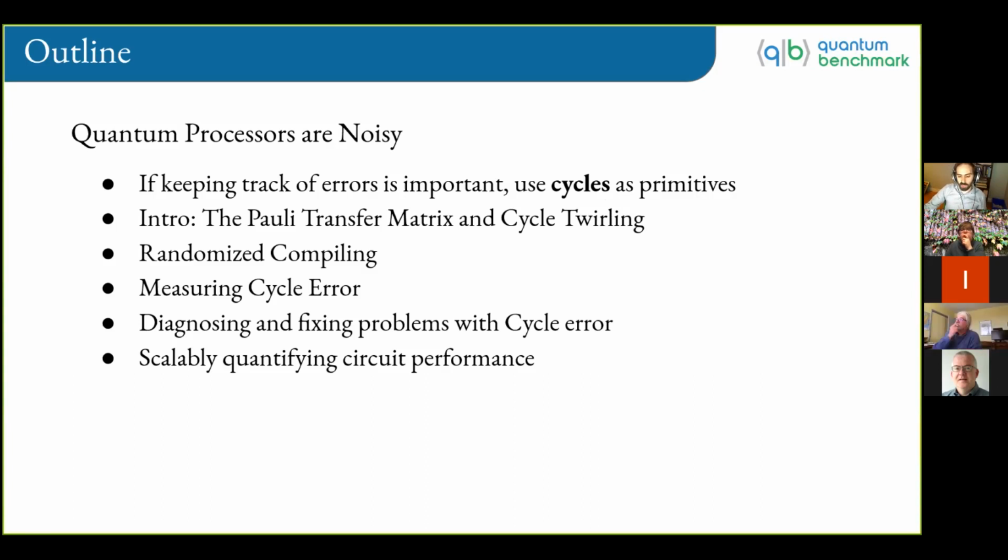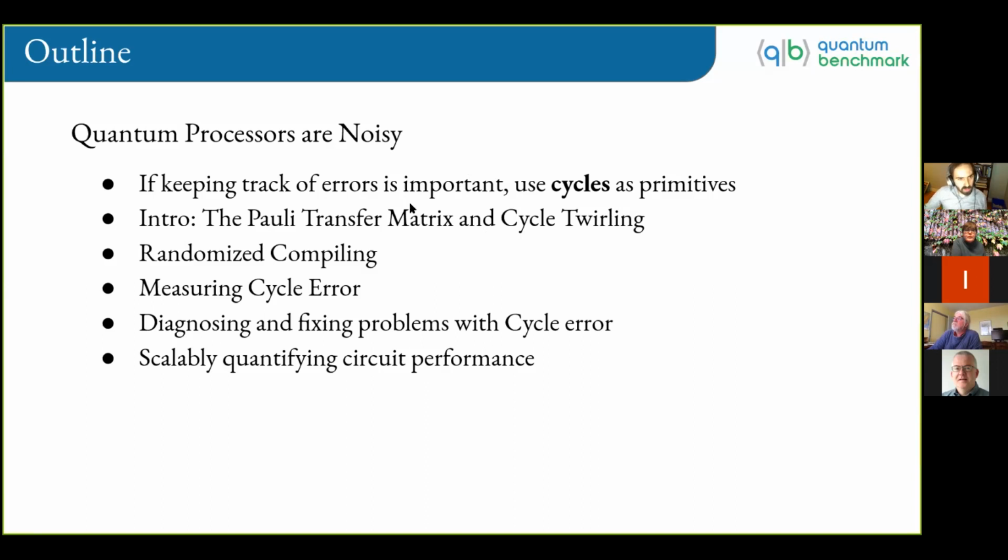But just roughly, a cycle is a collection of instructions that you send the quantum processor that happen in a contiguous block of time in a fixed order that happens every time you do that particular collection of things. So usually it's a set of simultaneous CNOT gates or something like that, or a simultaneous set of single qubit gates, something along those lines.